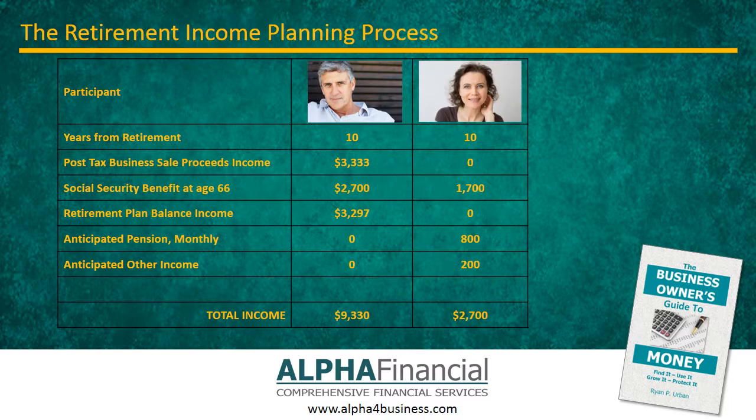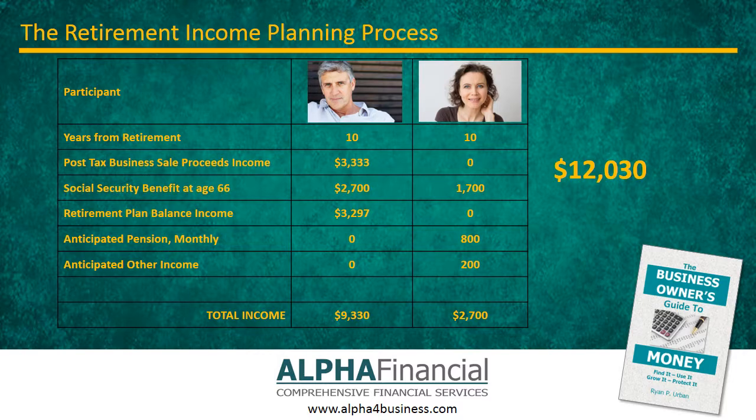Then his wife worked some. She has a Social Security benefit at age 66 of $1,700 a month. From her old job, she'll get an $800 monthly pension, and she has an income-producing real estate property where she nets about $200 a month on average, and that gives her about a $2,700 a month income.